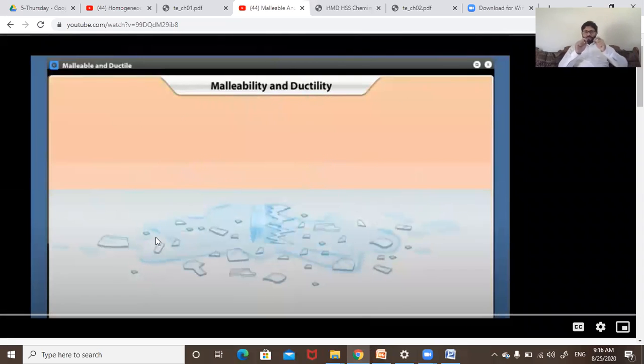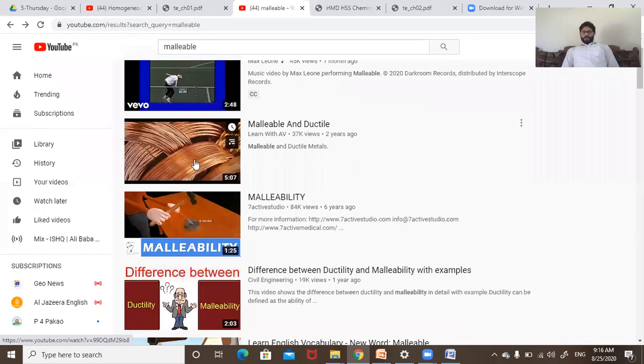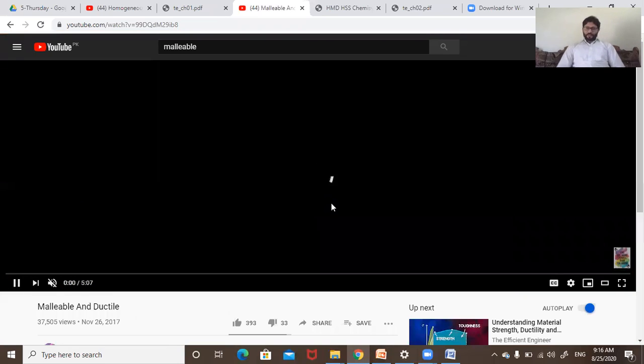It breaks into pieces. So we can say that glass is brittle. It converts into pieces, while in the case of metals, we can say that metals are malleable and ductile.